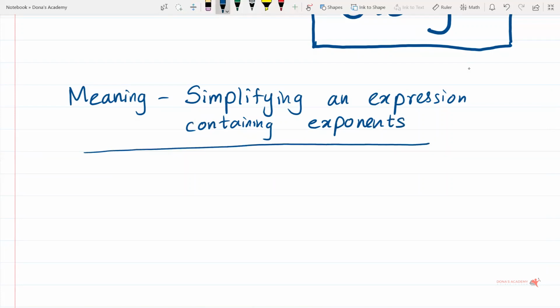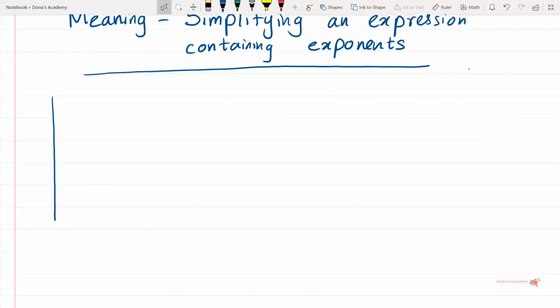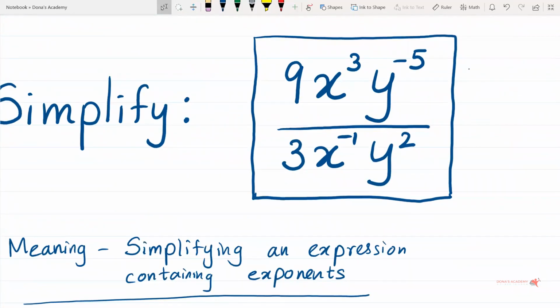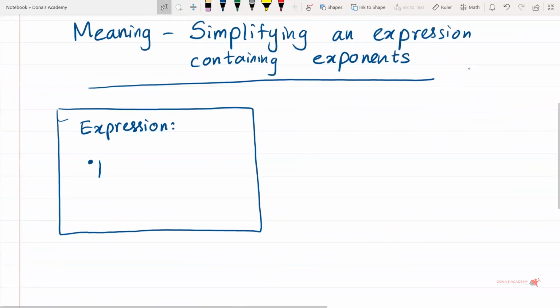All right. So originally, if we have an expression that contains exponents like this example, we have originally one expression that contains real numbers and their powers, right? Here, x and y are considered real numbers.